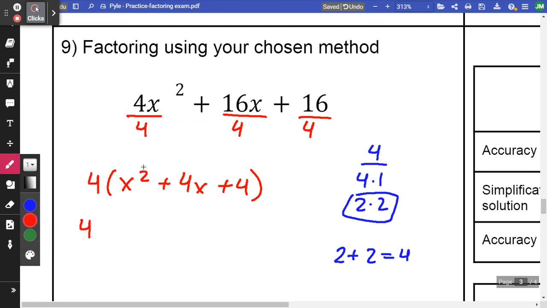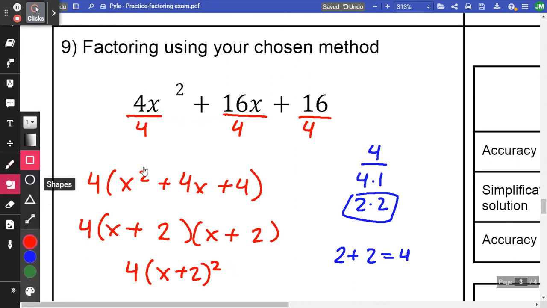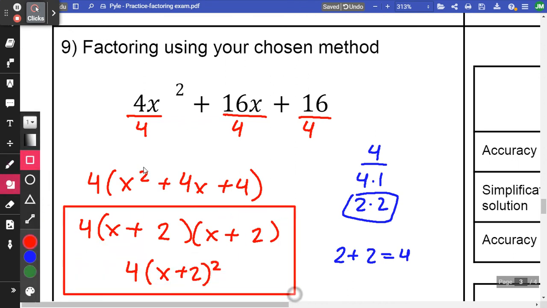All right, our c term is positive, our middle term is positive, so we have x plus times x plus, and then our combinations for the c factors were 2 and 2, so x plus 2 times x plus 2. So fully factored, you have 4 on the outside times x plus 2 times x plus 2. Or you could also write it out as 4 times x plus 2 squared. All right, either of these two answers will work.